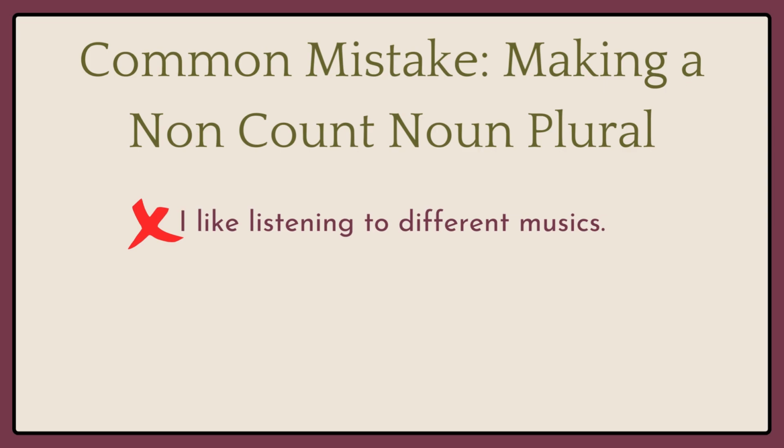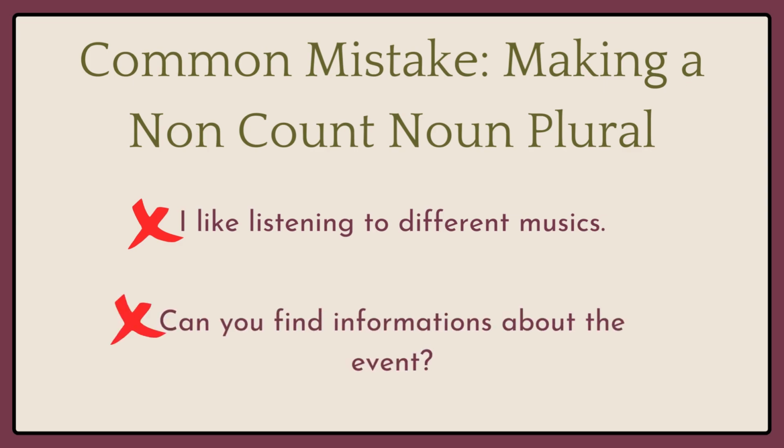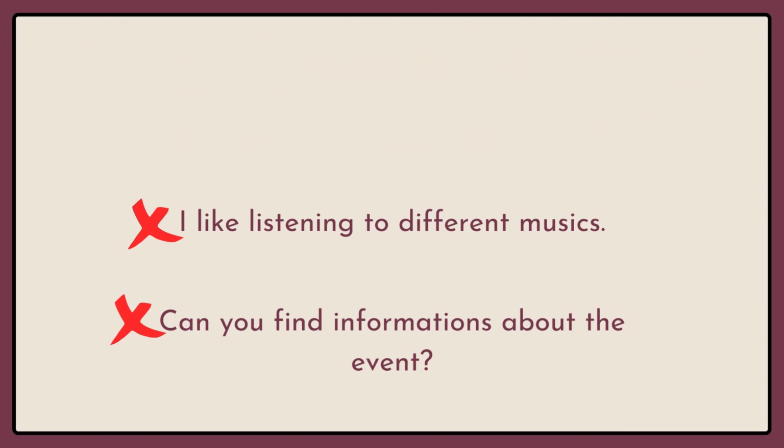Another example is, can you find informations about the event? Even though we're looking for more than one piece of information, we would say, can you find information about the event? Never make a non-count noun plural.